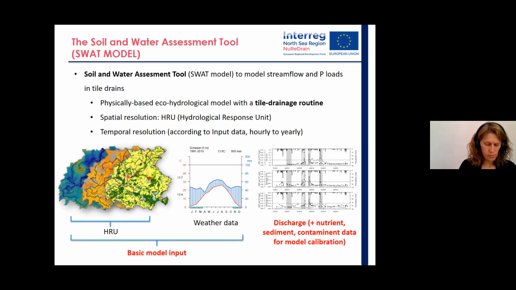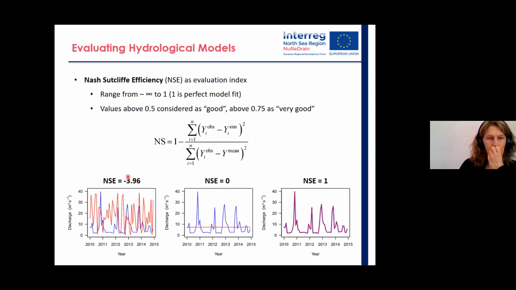If we talk about modeling, we need to know how to evaluate the quality of a hydrological model. And there are different approaches to evaluate this, and we chose to consider the Nash-Sutcliffe efficiency, NSE, as the evaluation index.